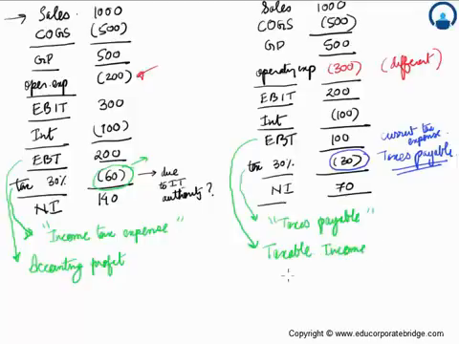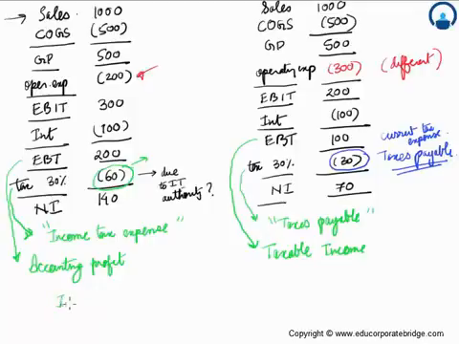Now another terminology that I will introduce here is that since this is 60 and here it is 30, there's an equation that is called an accounting equation.